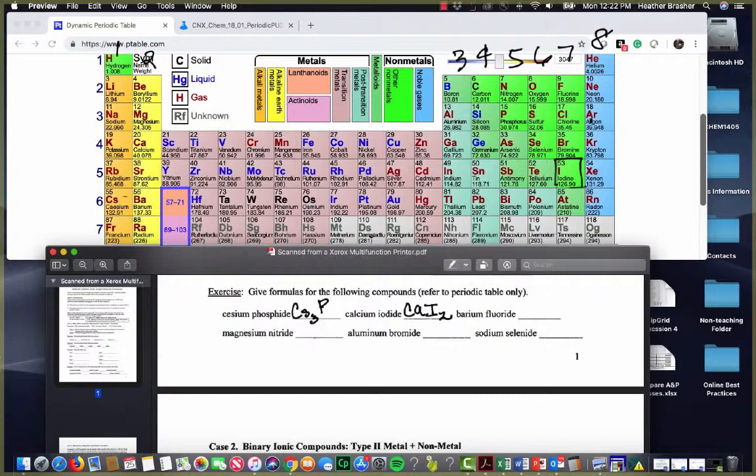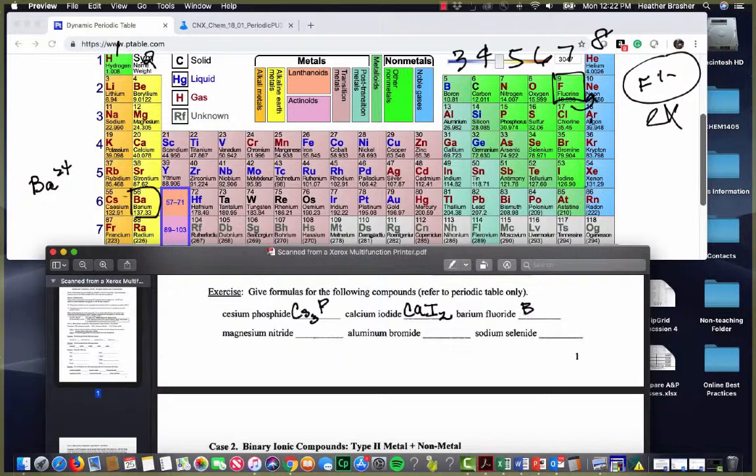Let's go to barium fluoride. Barium is here. Fluoride is that one up here, right? So we look and we realize that we need 2 of these, right?